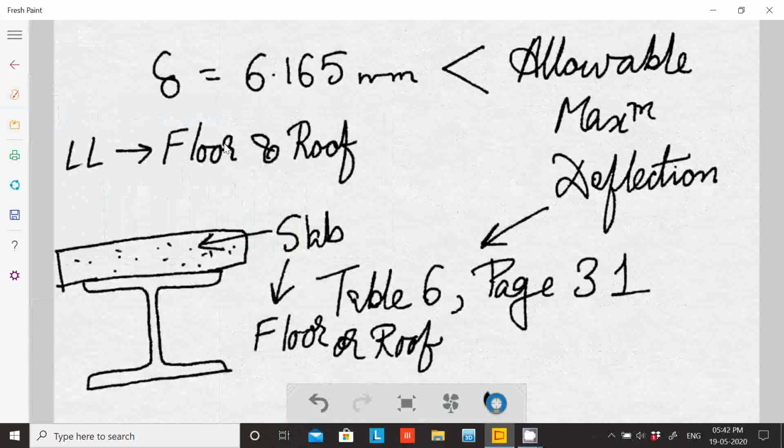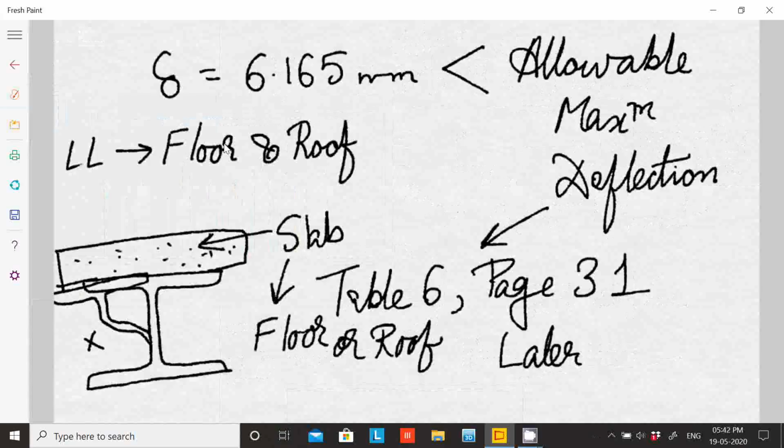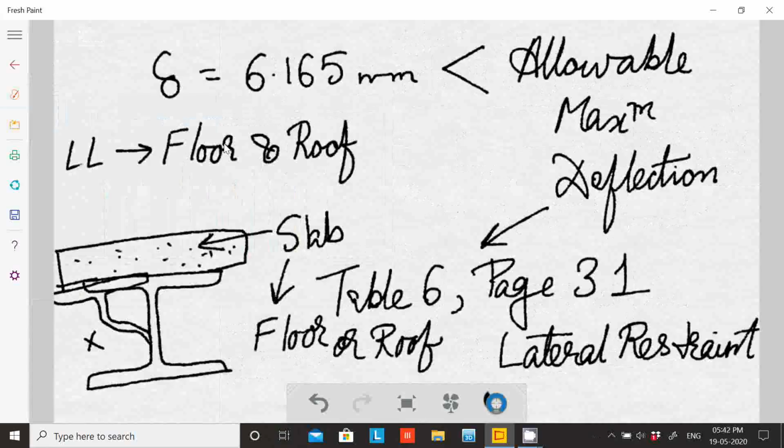When there is a slab, the beam cannot move sideways like this. That is the concept of lateral restraint. So this beam that we are considering will be for floor and roof.